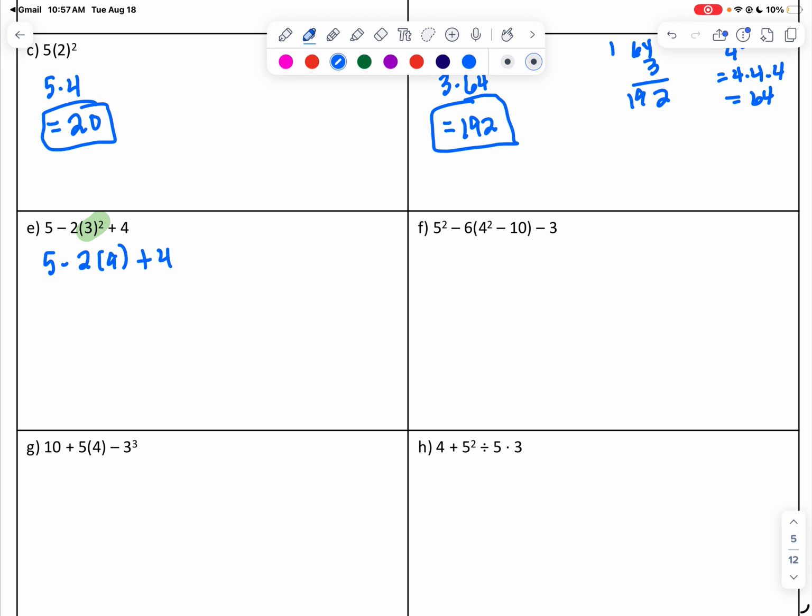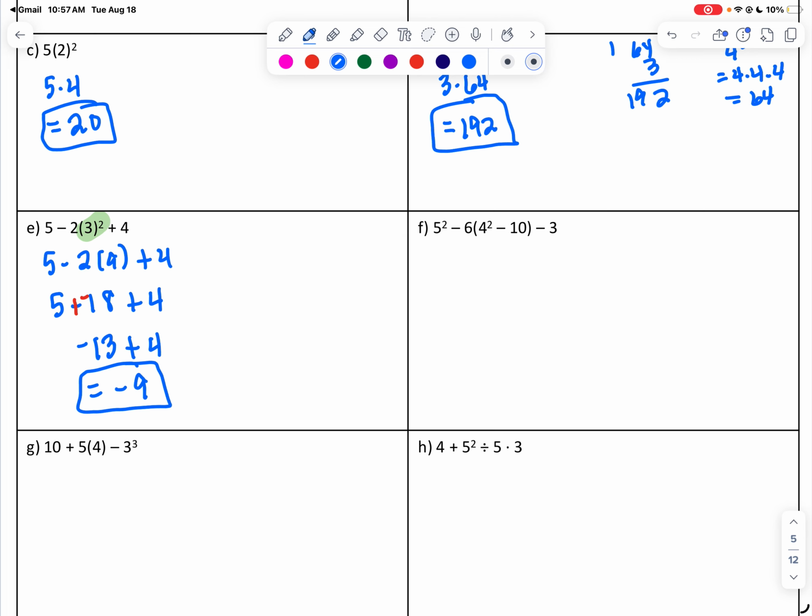Multiplication is the strongest operation, so we'll do 5 minus 18 plus 4. Now we're going to work in order from left to right. 5 minus 18 is the same thing as 5 plus negative 18. So that would be negative 13 plus 4. Now our signs are different, so we'll subtract and get negative 9.